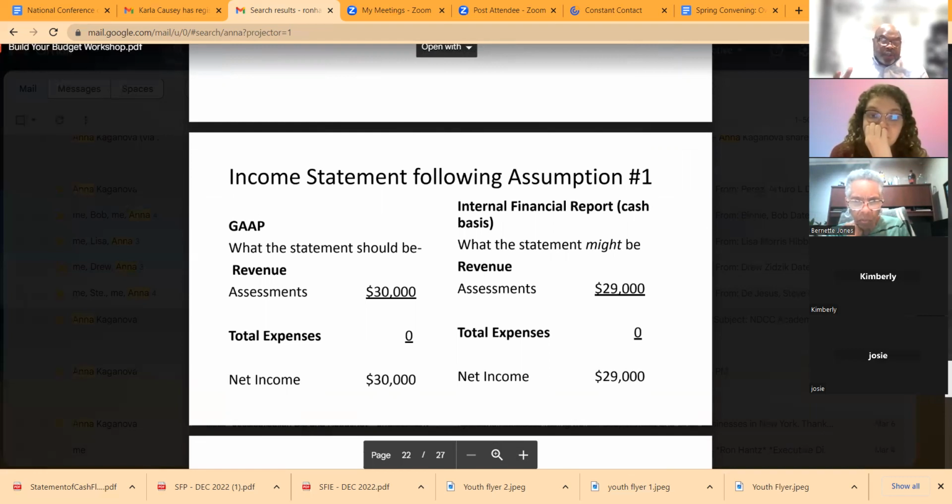So here we're looking at GAAP, financial record keeping, and cash versus accrual basis.